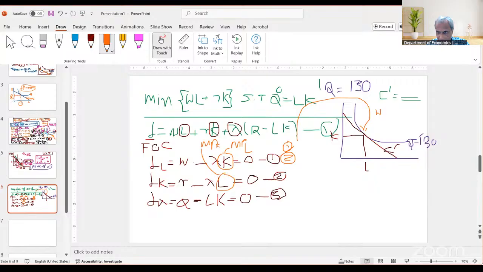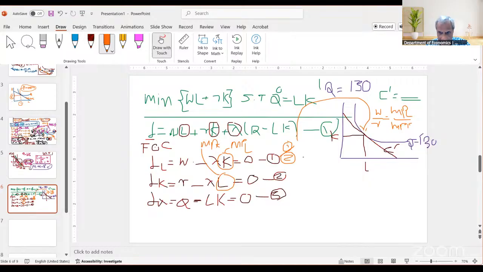Price ratio equal MRTS. MRTS means MPL divided by MPK.